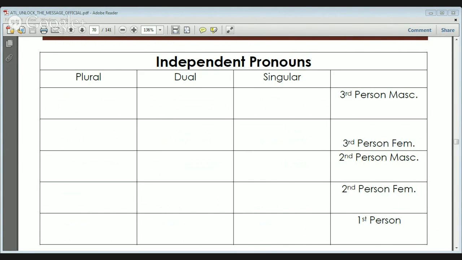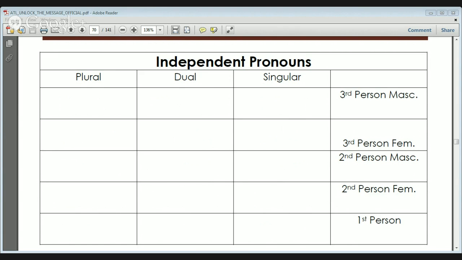Let's go ahead and start writing these out. I already gave you the table. Six down, and four across. So pronouns. I'm going to start writing them out and also translate them for you.